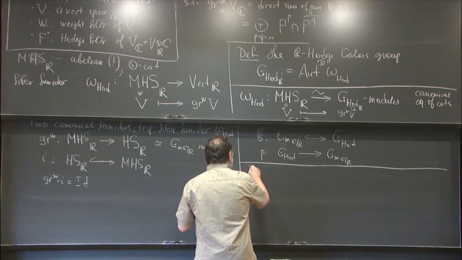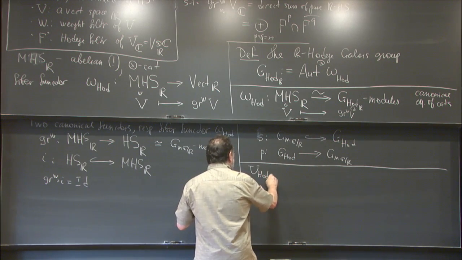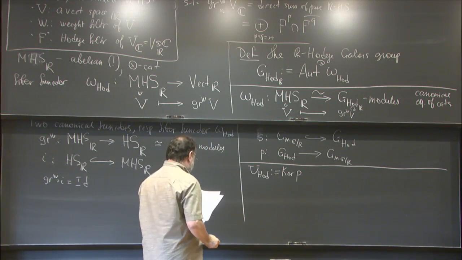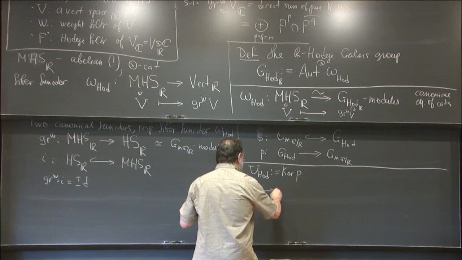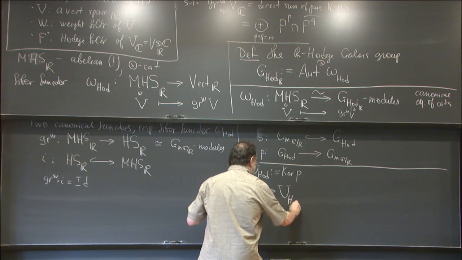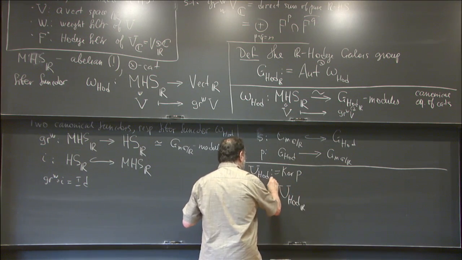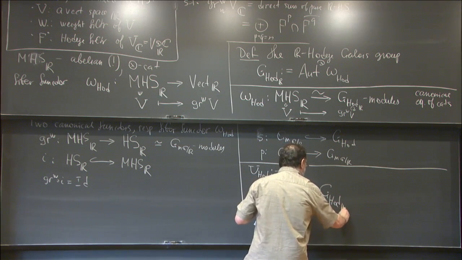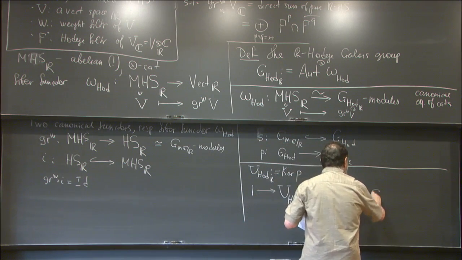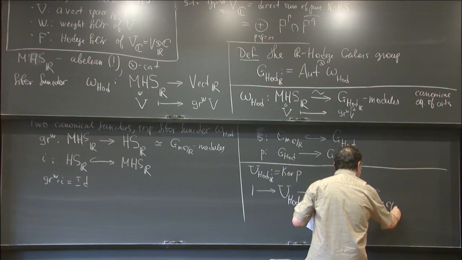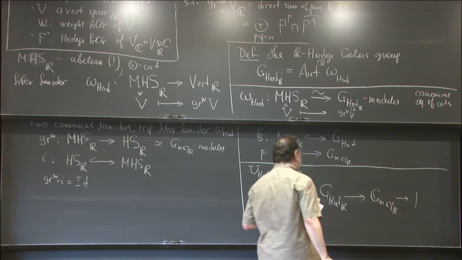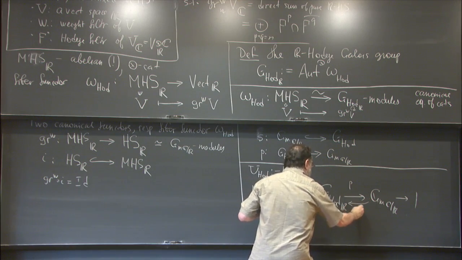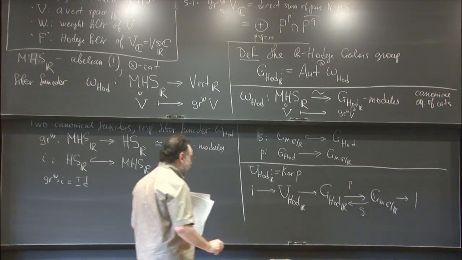So we said that U Hodge is just the kernel of this projection map P, and so we have an exact sequence, and what is important is that this exact sequence is split canonically by this map S.